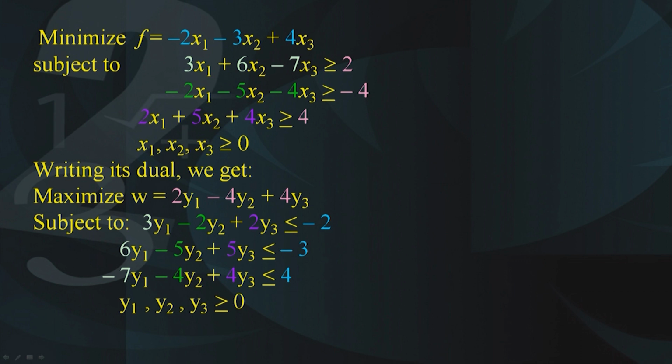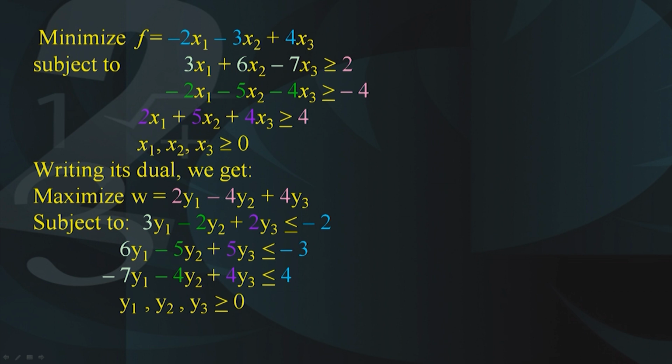Again, the conditions on the inequalities, the coefficients have to be changed as far as these aij's are concerned. So, the transpose has to be taken, the rows become the columns and the columns become the rows. So, we should have 3y1 minus 2y2 plus 2y3 less than or equal to minus 2.